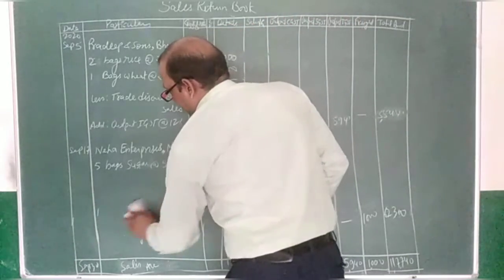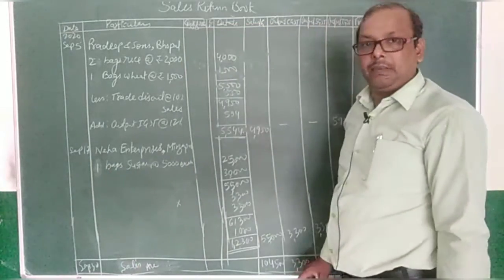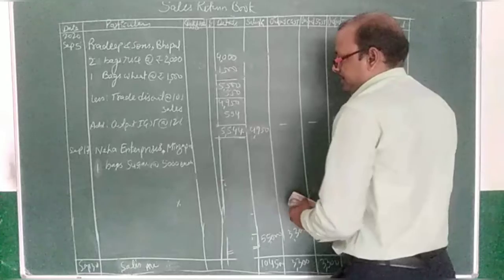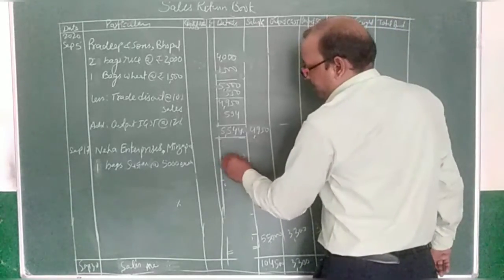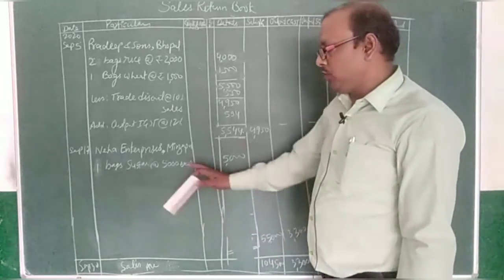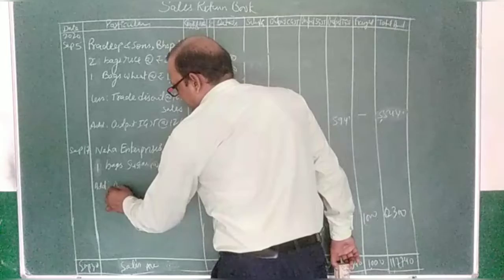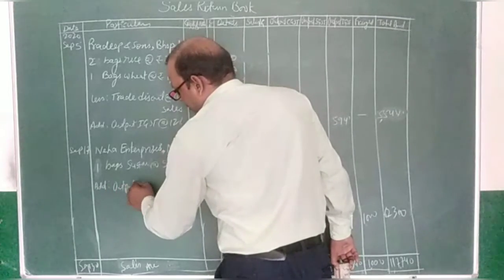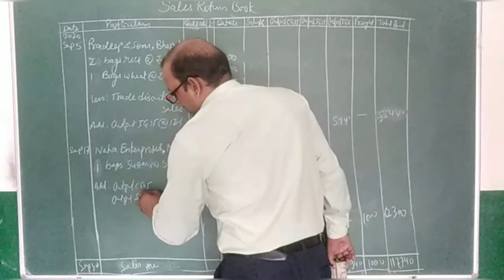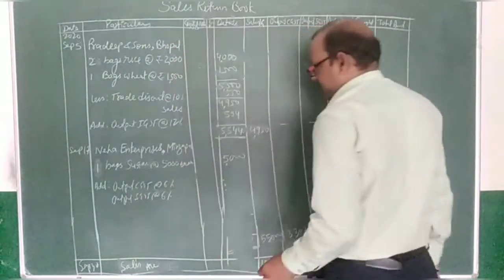Here in this case, out of 5 bags, 1 bag of sugar has been returned by him. Then see the changes. Of rupees 5,000. There was no trade discount, so no need to deduct, only GST. So just add output CGST, output SGST at 6%.